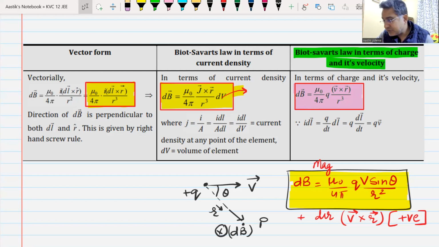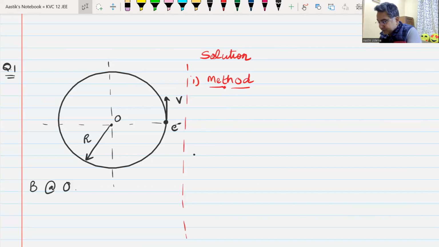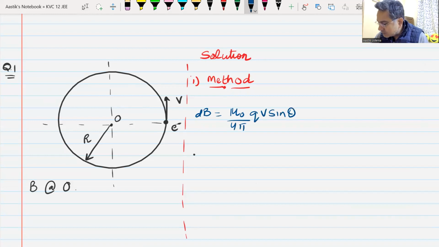So, what is the third formula? Magnetic field dB is equal to mu naught by 4 pi, q v sine theta divided by r square. You just apply it and you get your answer. So what is the magnetic field dB? Mu naught remains mu naught. 4 pi remains 4 pi. Instead of charge, you get e.